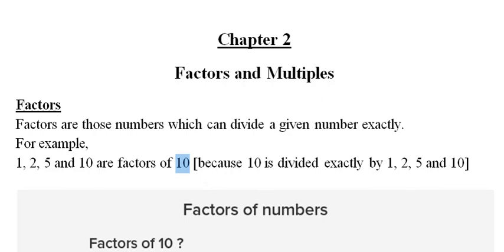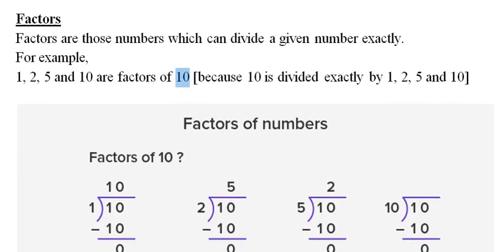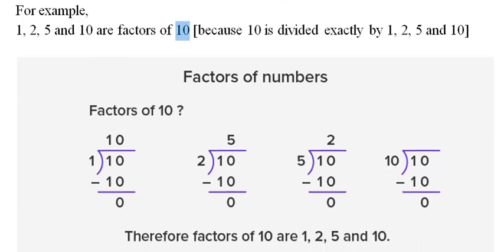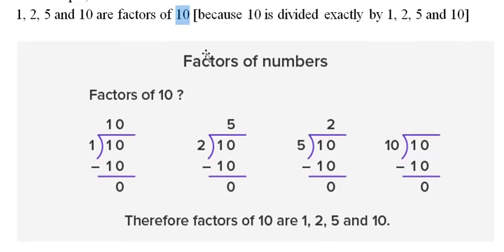So let me show you one more example. We have used the same number, that is 10. You can see here in this diagram that 1 can divide number 10 completely, and 2, 5, and 10.